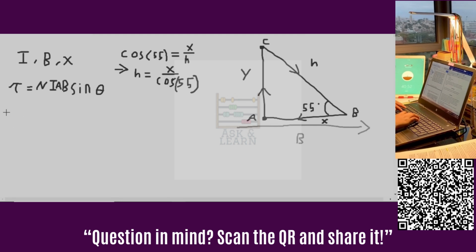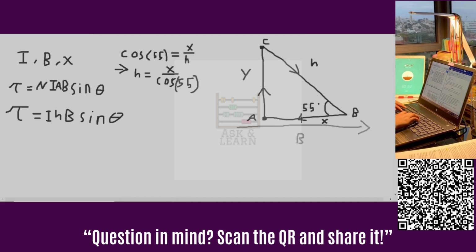So let's see if we have everything we need. Let's rewrite our equation for tau. Tau is equal to, we don't need n, it's simply 1, the current times the length, which we can just call h, because we already know what h is. We have B, and its sine of that angle, because what we want here is only the portion of this whole triangle that's perpendicular to this field.